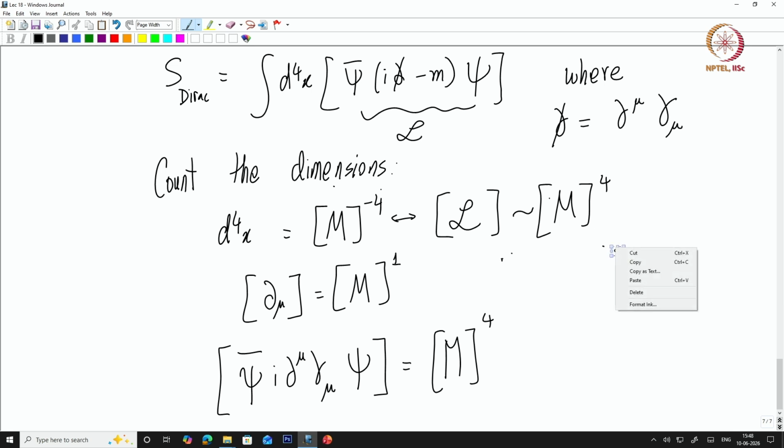So, this is clear, I guess, that this implies that the Lagrangian density should be of mass dimension 4, so that the total action should be dimensionless, and the derivative del by del x mu should be dimension 1, which is obvious because x mu is a length, and in h cross is equal to c is equal to 1 units, lengths go as mass dimension minus 1, and dels go as mass dimension 1 because they are the inverse of the lengths essentially.